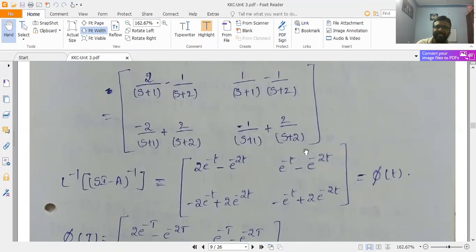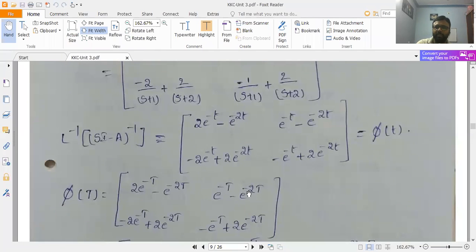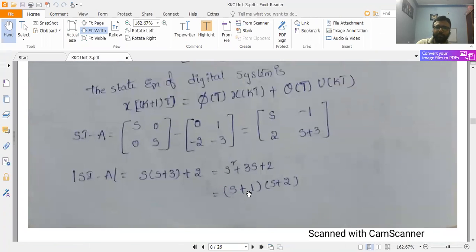So this is the state transition matrix we have obtained, that is nothing but e power At, phi of t. Up to now, we have obtained only this phi of t.